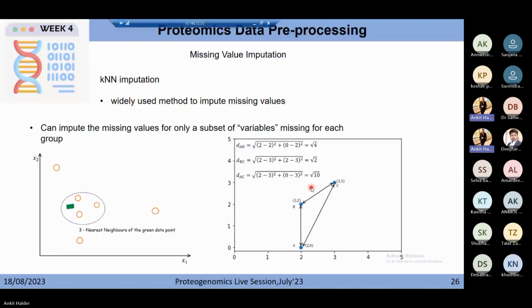It depends on how many neighbors you are giving, so k represents the number. If you say three nearest neighbors, it will take the data from three nearest neighbors. If you choose two, it will take from two nearest neighbors, and it depends on your data set and how you want to do that. So it calculates on the basis of the Euclidean distance and then imputes the value accordingly. So this is for the missing value imputation.